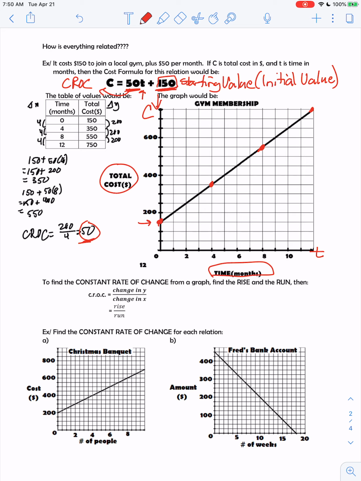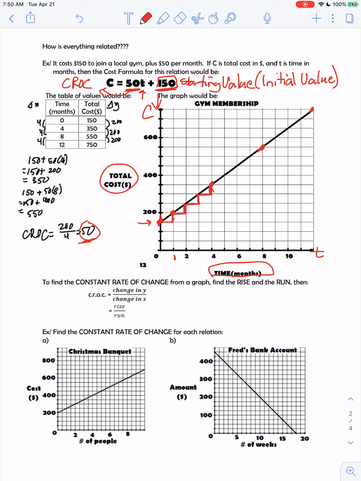So we start at the 150 and then we go up by, if we look at every month, so here's 1 month, that's going up by another $50. So in 1 month, we go up by 50. In another month, we go up by another 50. In another month, another 50.